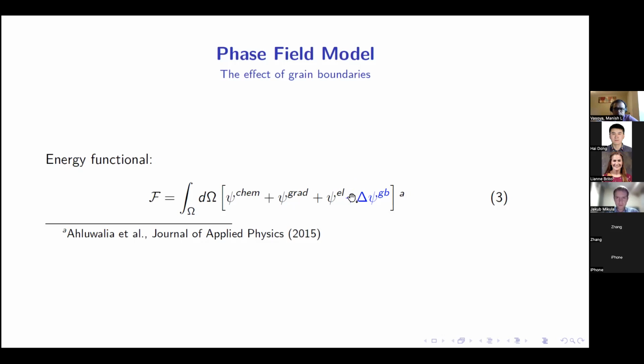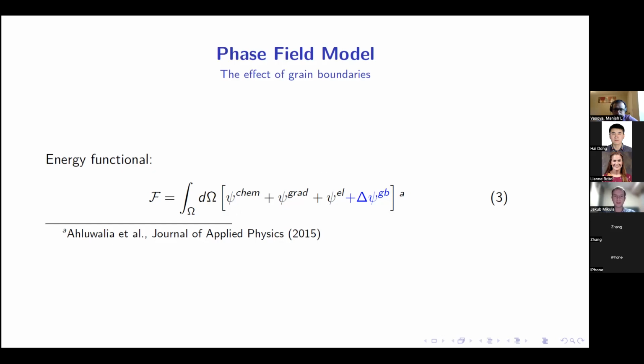And if we stopped here and just used this phase field model as constructed, we would not be able to predict the suppression of the phase transformation as we decrease the grain size. So my advisor, Rajiv Alvalia, proposed an additional term in the energy functional, published in 2015, where he accounted for an extra energy penalty at the grain boundary.